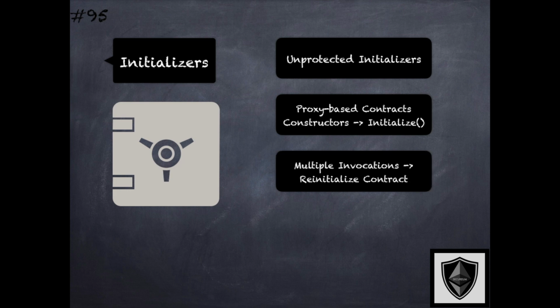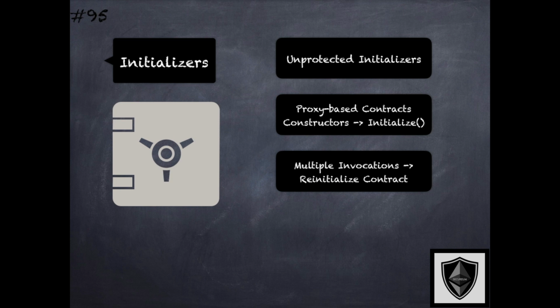The pitfall here is that such initialize functions should not be callable multiple times. They should be callable only once and by the authorized proxy contract as soon as the logic contract has been deployed. This is typically done from a deploy script or from a factory contract. And preventing multiple invocations is critical because such invocations could happen from unauthorized contracts or unauthorized users.